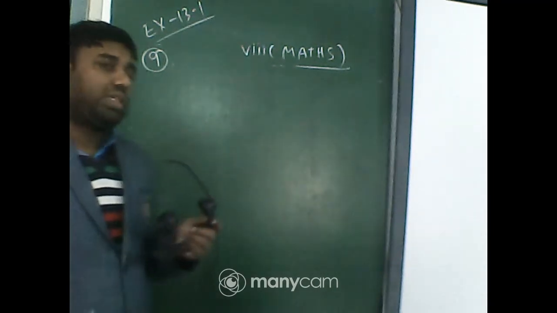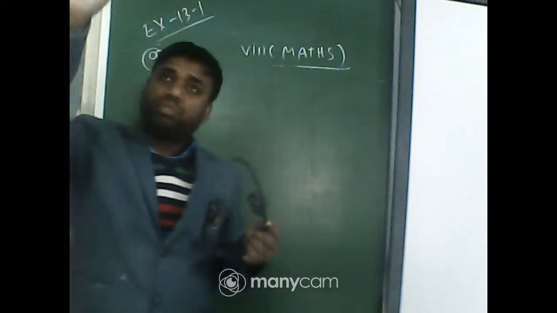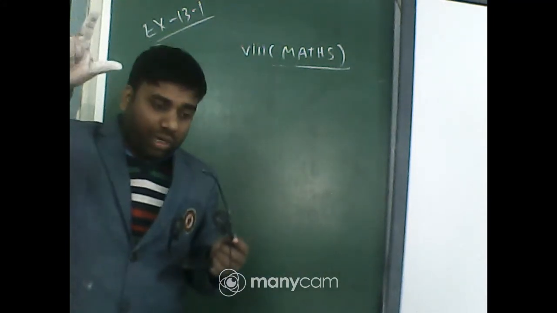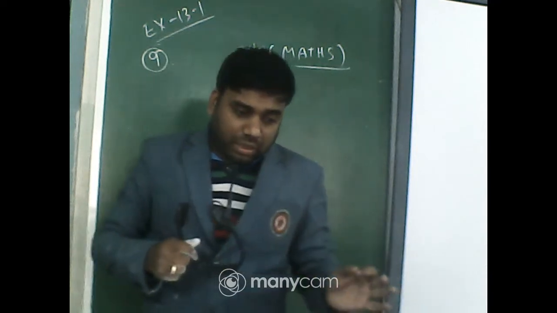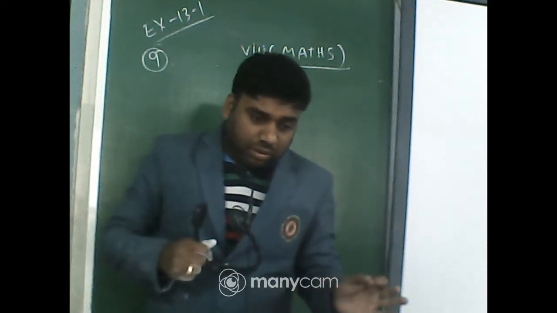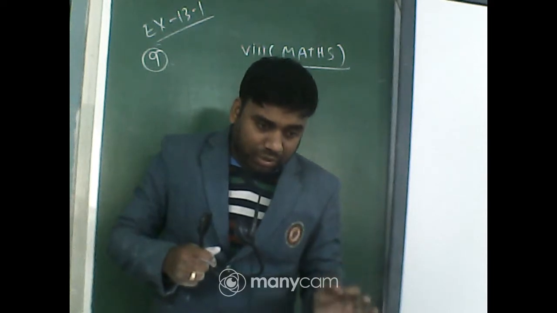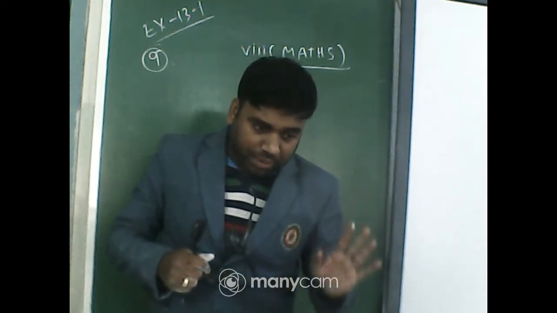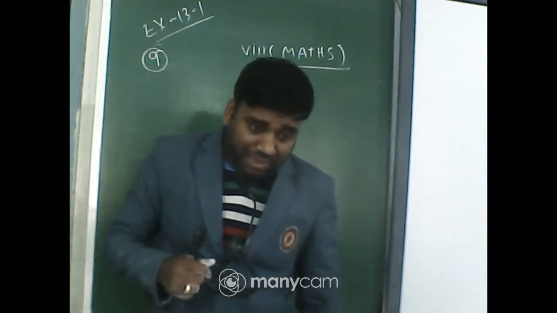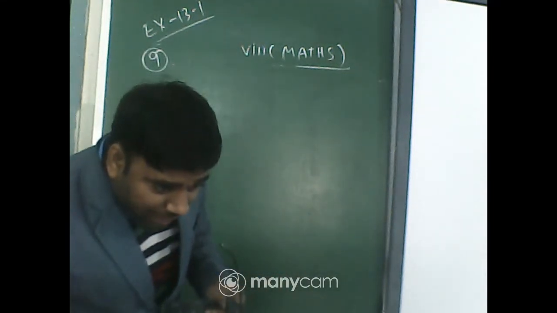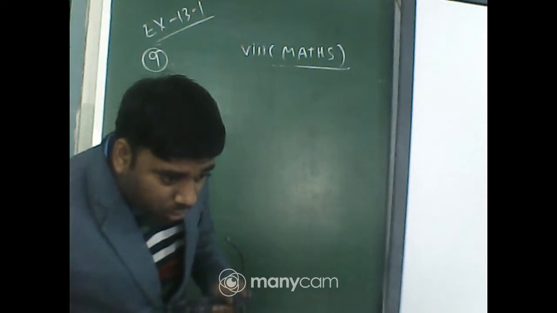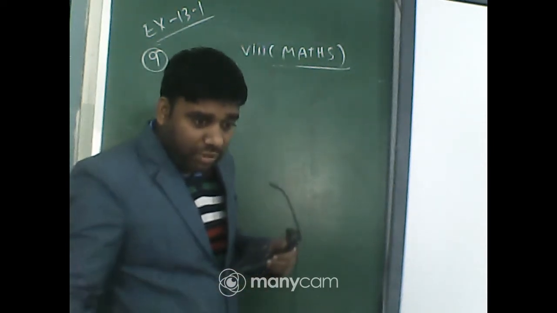First of all, students, a vertical pole is there and its shadow. So first let me make the table: height of the pole and length of shadow.